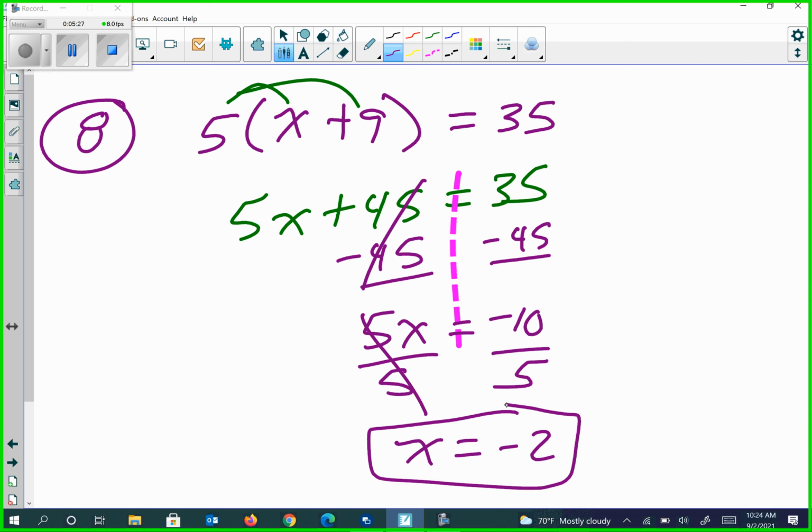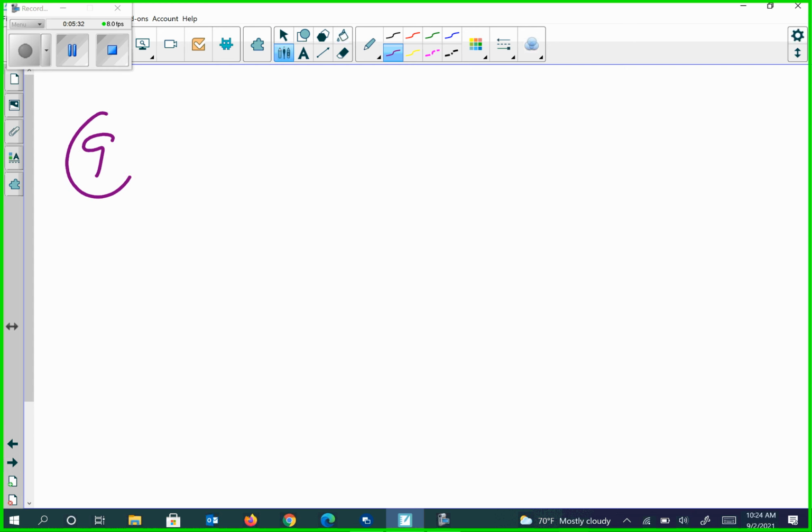This one says the sum of 3 times a number and 6 equals 27. So the difference between 8 and 9, 8 says 5 times the sum. Number 9 says the sum of 3 times a number and 6. So that means we're adding 3 times the number and 6 together. It's this one, right? Yeah, perfect.